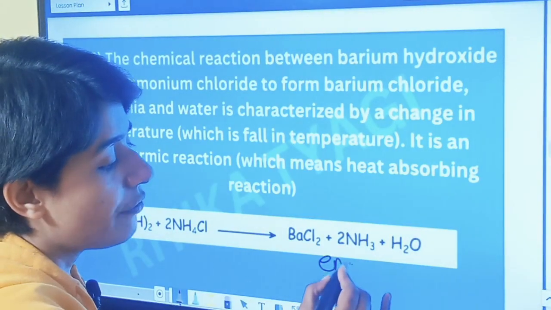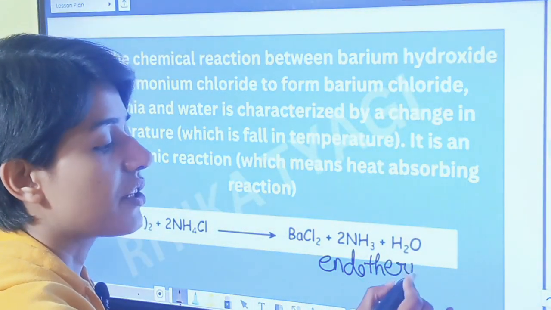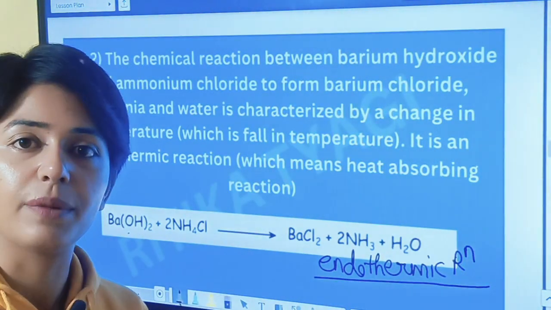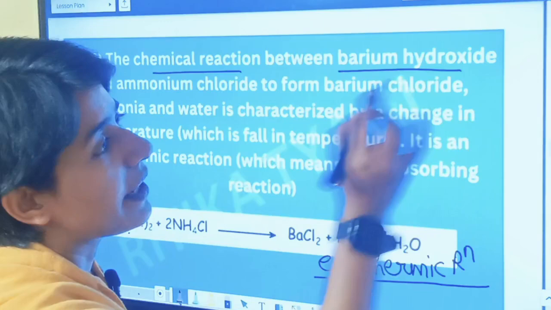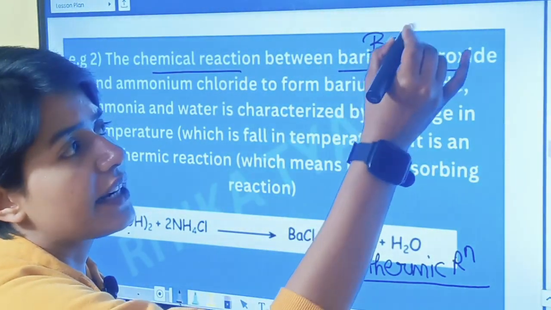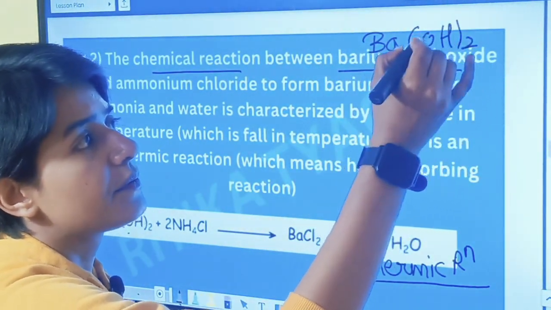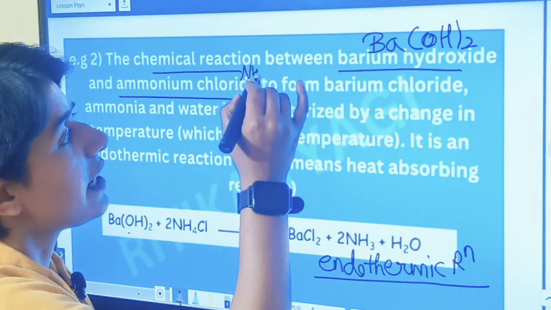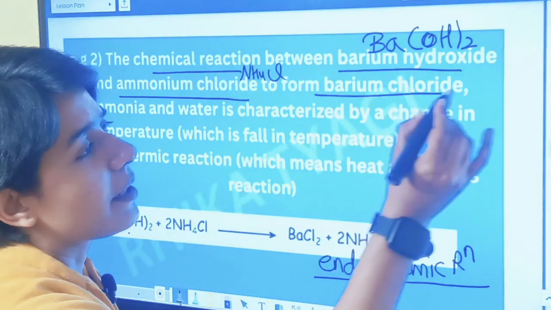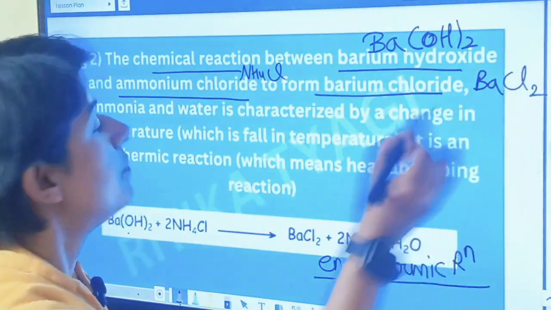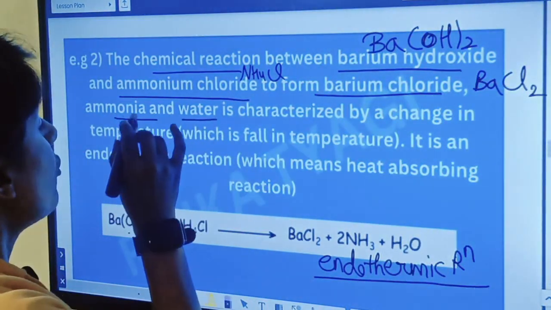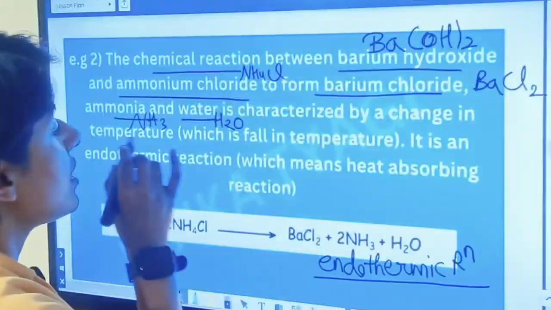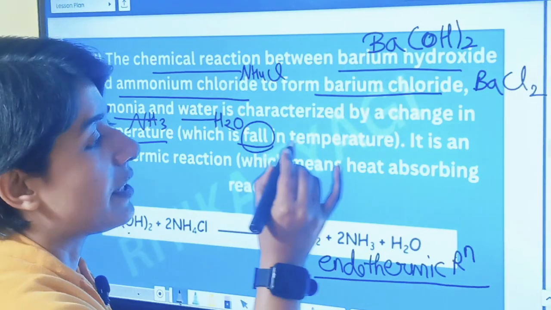The second example is an endothermic reaction. It means here heat is applied for the formation of product. The chemical reaction between barium hydroxide, Ba(OH)2, and ammonium chloride, NH4Cl, to form barium chloride, that is BaCl2, ammonia, NH3, and water, H2O, is characterized by a change in temperature, which is a fall in temperature.